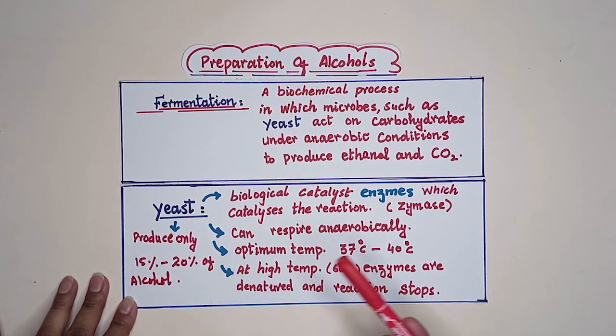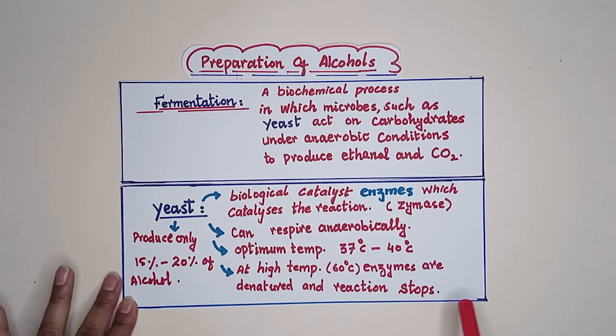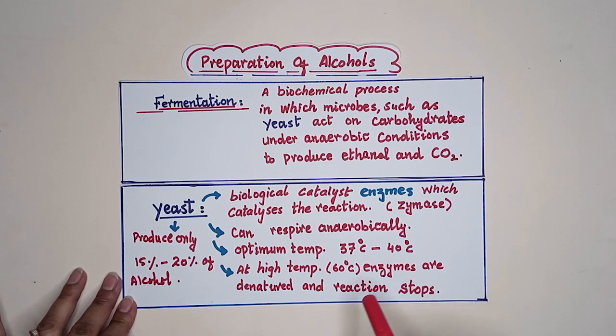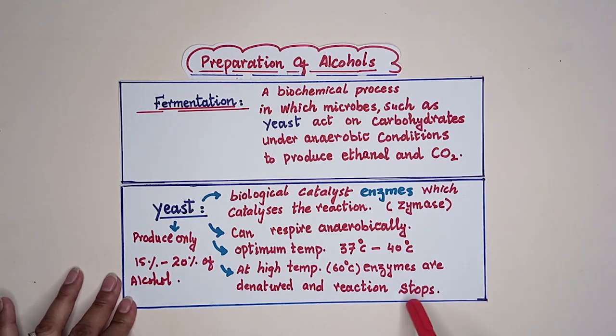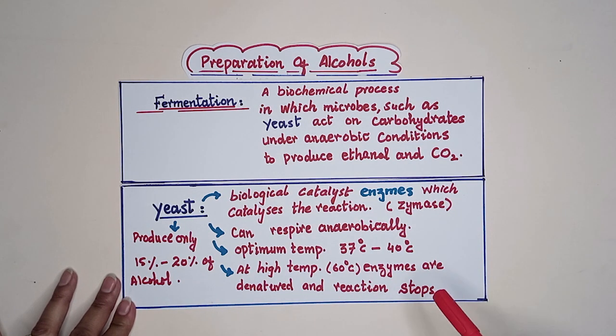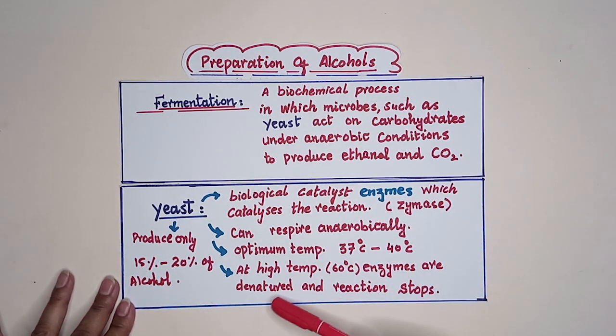Yeast works at an optimum temperature of 37 to 40 degrees centigrade, and at a very high temperature, up to 60 degrees centigrade, enzymes are denatured and the reaction stops. In your exams they will ask what happens when temperature rises in fermentation. At a higher temperature, enzymes, being protein in nature, will be denatured, and then the reaction will stop.